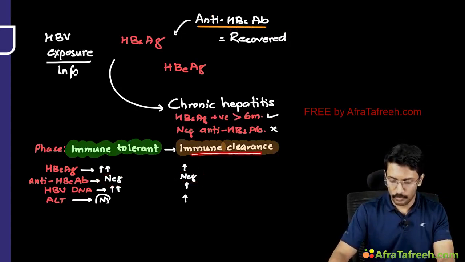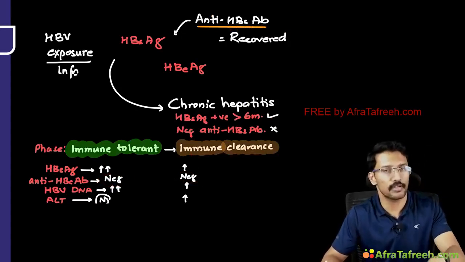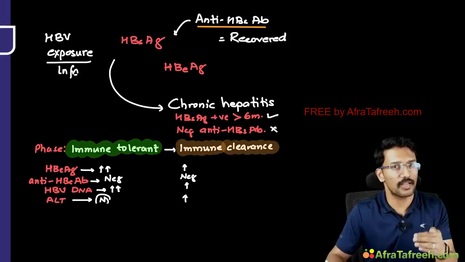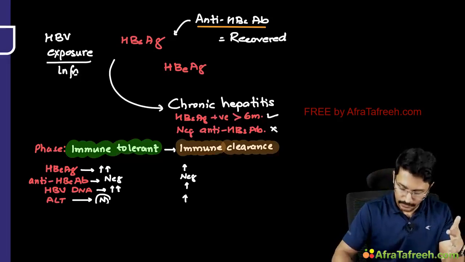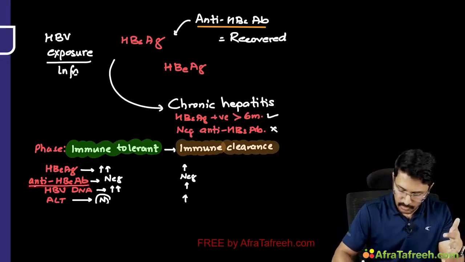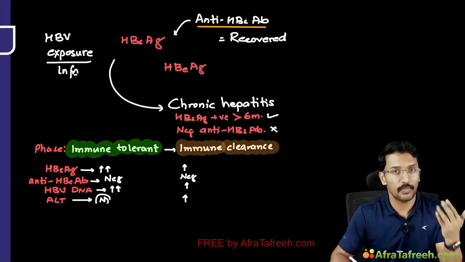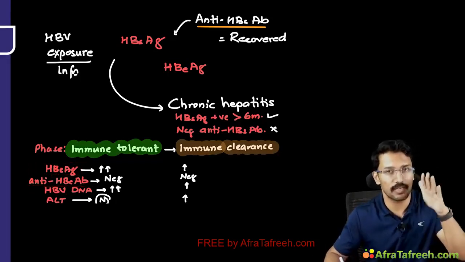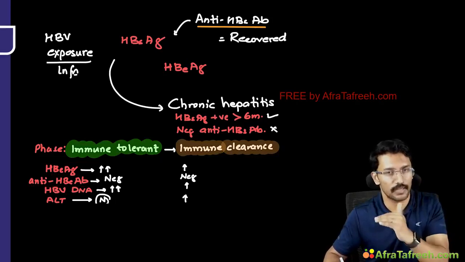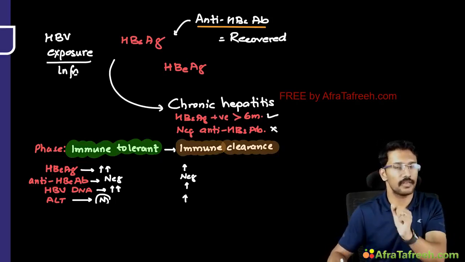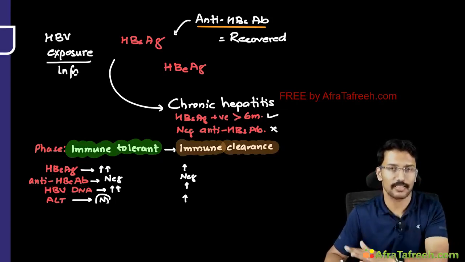Other mechanisms of immune clearance are being employed in the immune clearance phase. But once body starts producing anti-HBe antibodies, it will suppress or clear the HBe antigens. And once the HBe antigen starts coming down, the replicability starts coming down, right? So the DNA levels are coming down, right? So DNA gets suppressed to a point where it is no longer detectable or it is less than 2000.